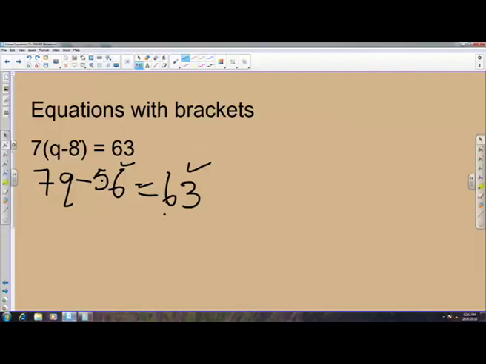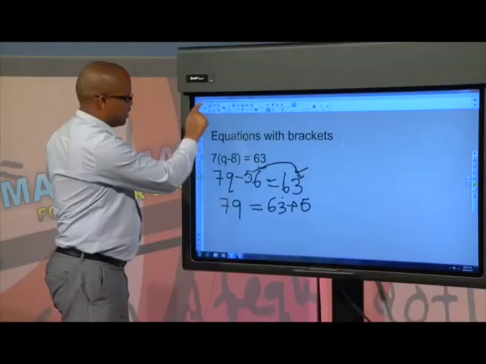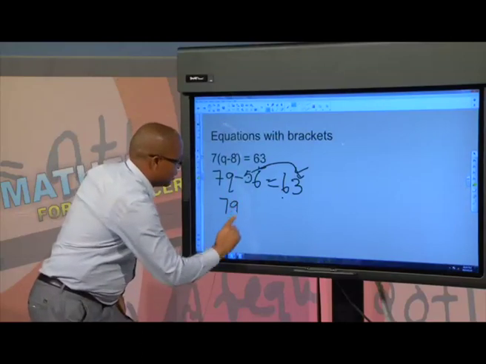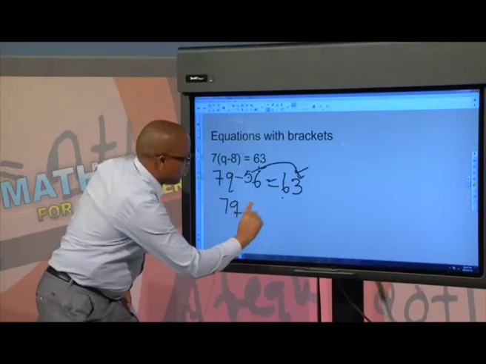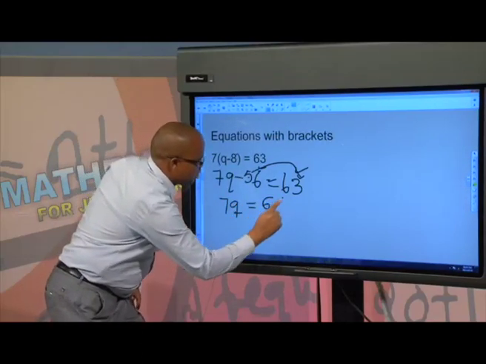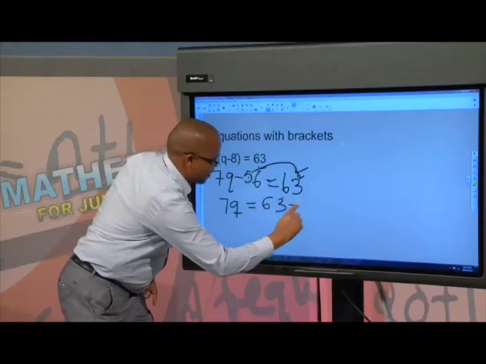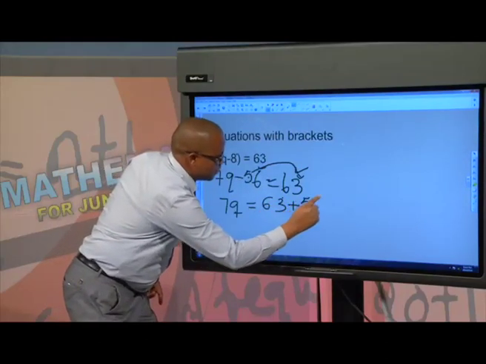This simply means we'll take this 56 to the other side of the equal sign, so that we end up with 7q equals 63 plus 56.